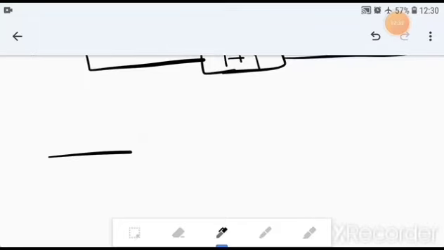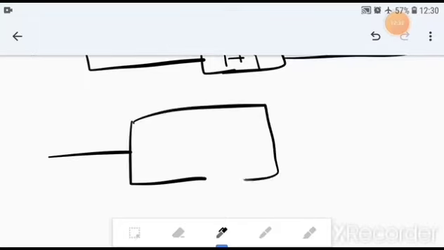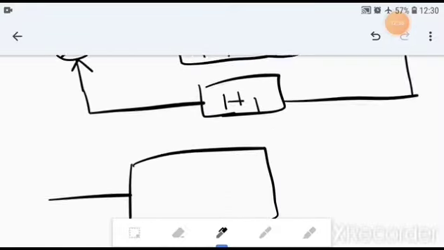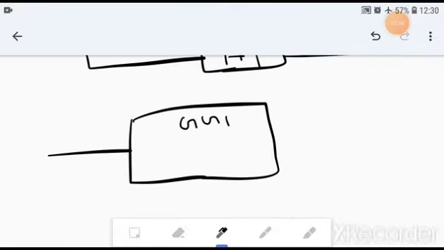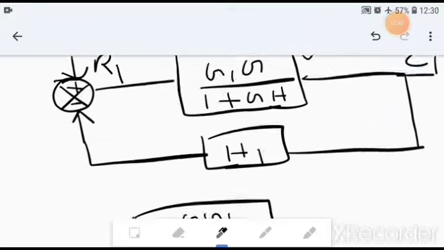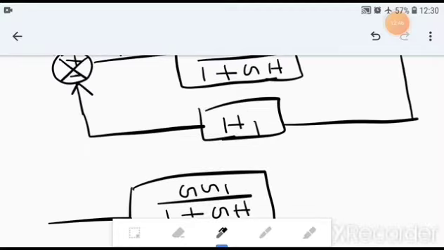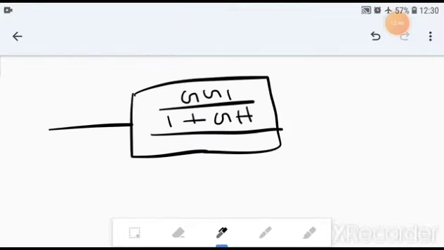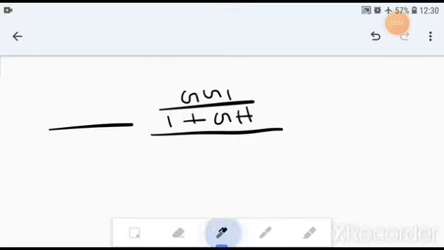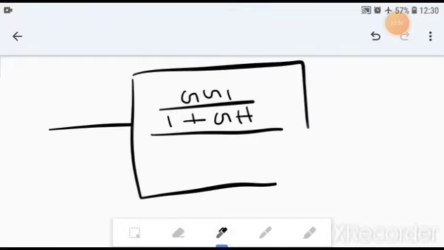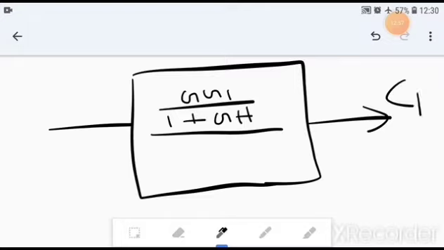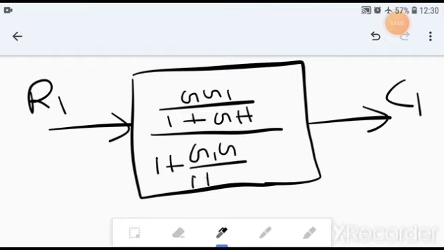So that will be simplified and we get a block of, you can see here, G1 by 1 plus GH whole divided by 1 plus, here we have C1, here we have R1, whole divided by 1 plus, again same G1 G by 1 plus GH into H1.